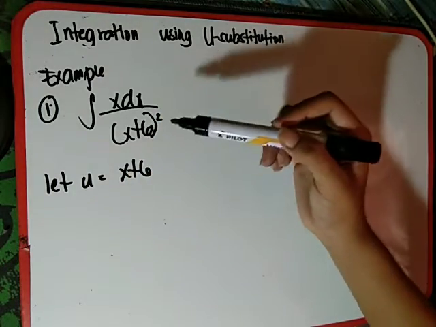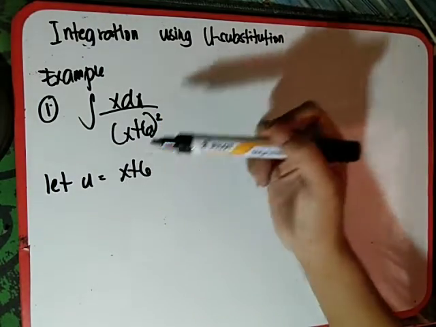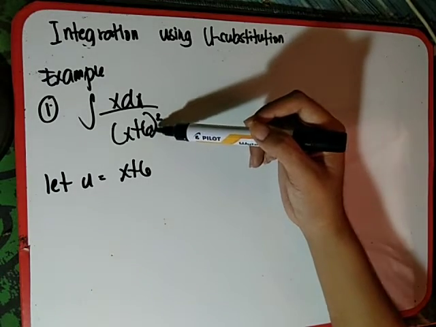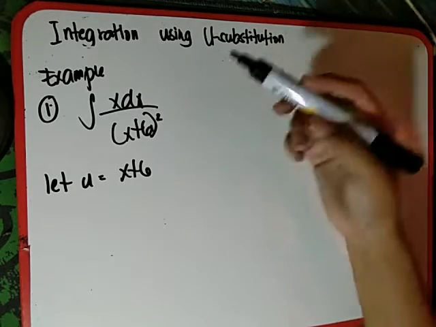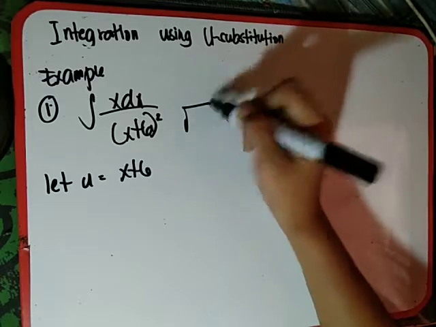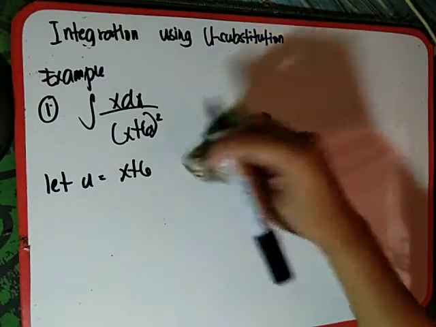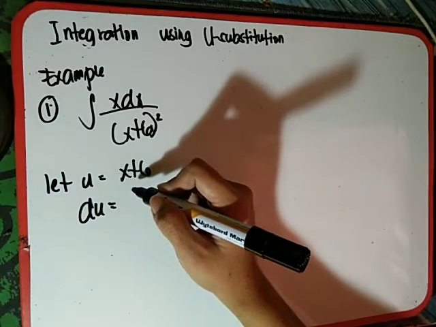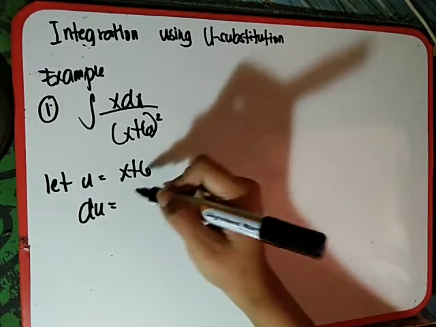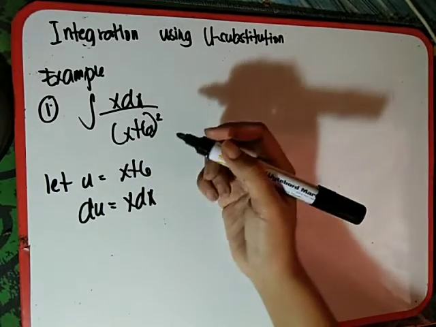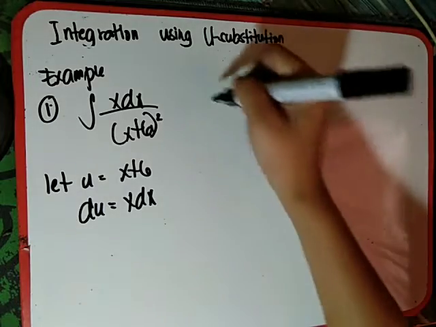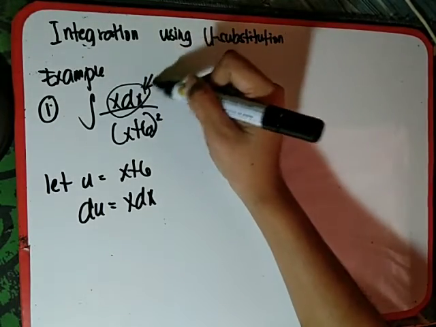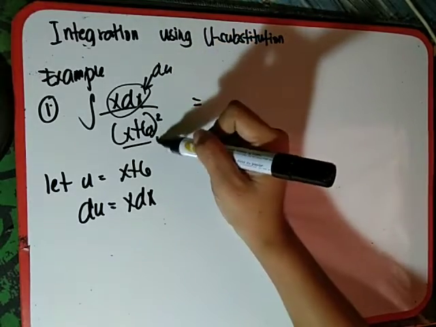Remember that our u can be found inside the parenthesis, in the denominator, or under the square sign. So du is x dx. So we have to substitute. This is our du and this is our u.